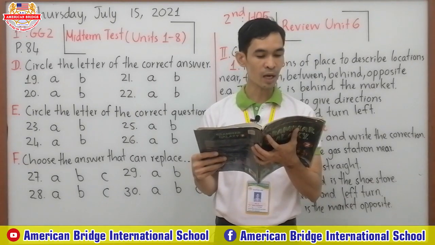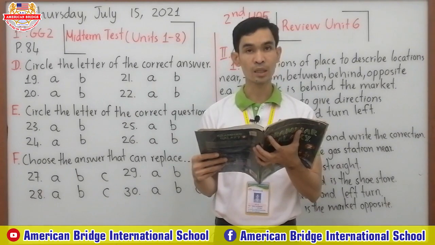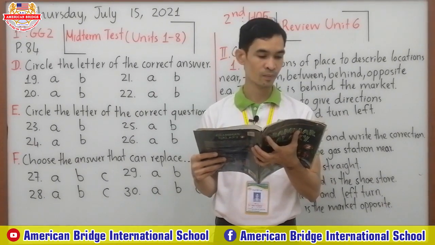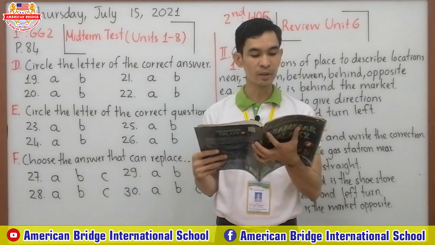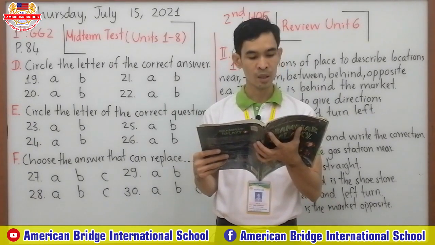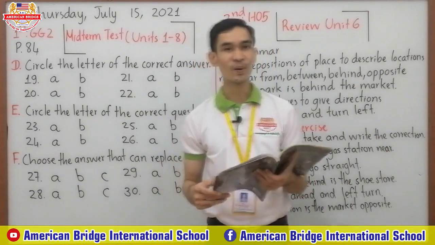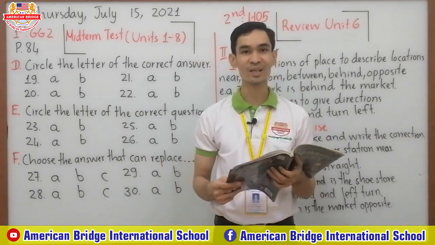Does the show start at 12 o'clock? A. Yes, it do. B. Yes, it does. 22. Will Jane come to the meeting? A. No, she won't. B. No, she isn't. Okay, so after reading some information, maybe you know how to choose the correct answer already, right?